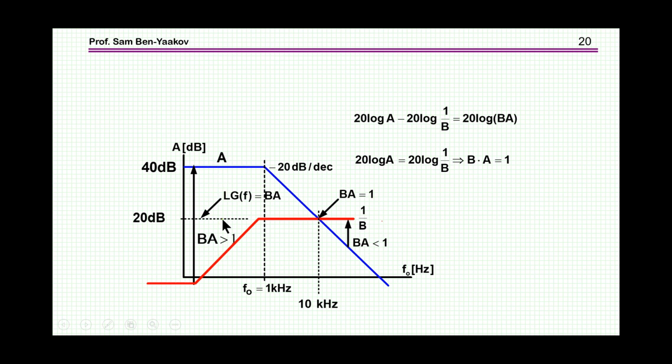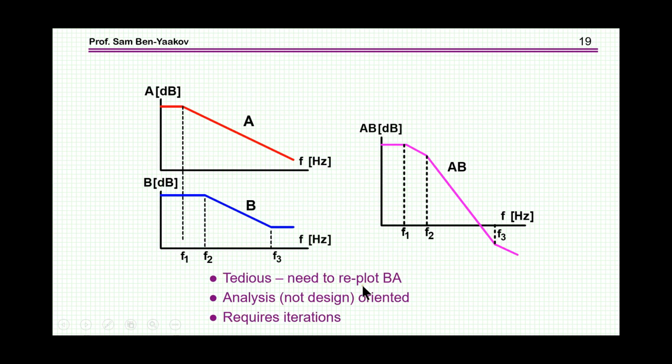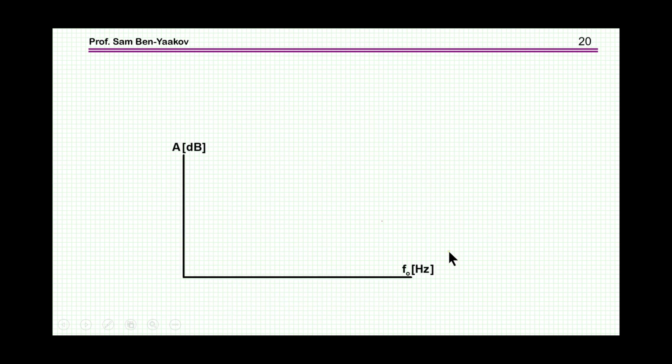So I have now information about the loop gain. And what I'm worried about is particularly this point, where 20 log A is equal to 20 log 1 over B, which turns out to be the point when B times A is equal to 1. So we found now the crossover. This is the crossover here.